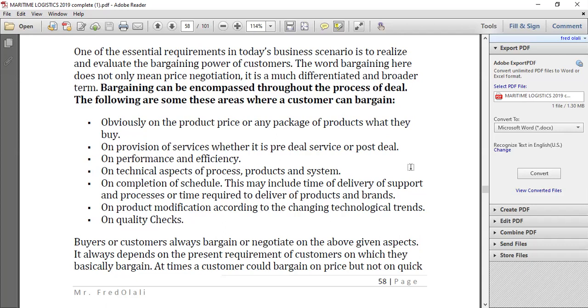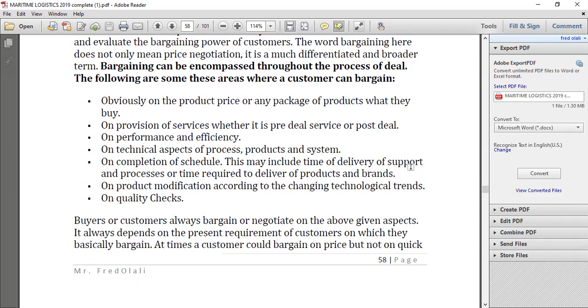On provision of service, whether it is a pre-deal service or post-deal service, they can also bargain. On performance and efficiency, on technical aspects of the process, product and system, on completion schedule, and also on production modifications and on quality check. So buyers or customers always bargain or negotiate on the above given aspects.